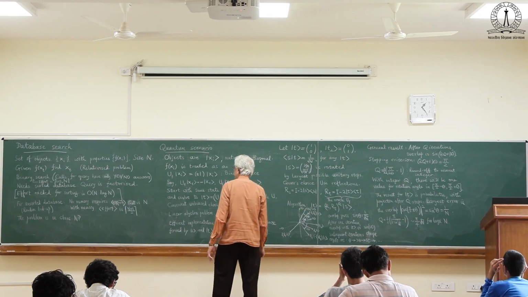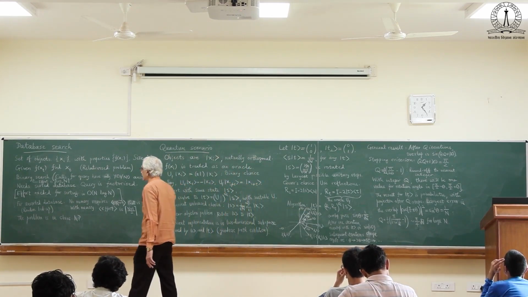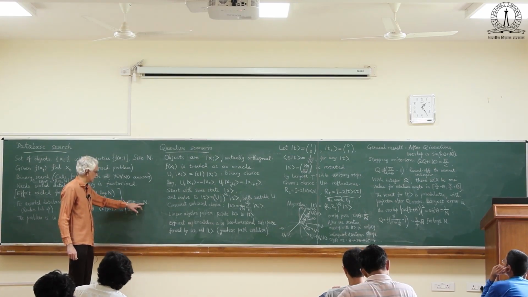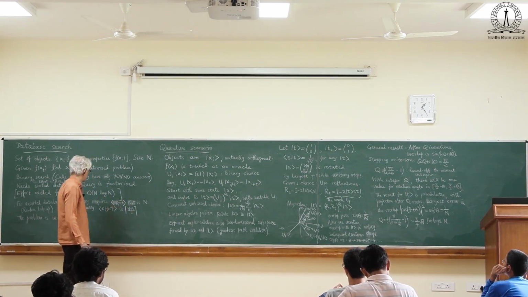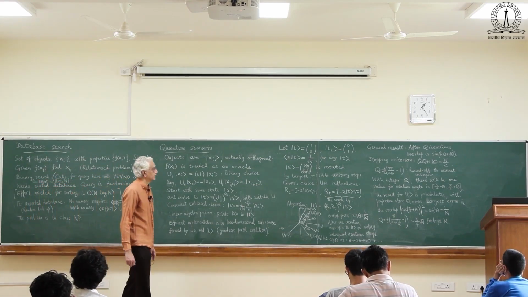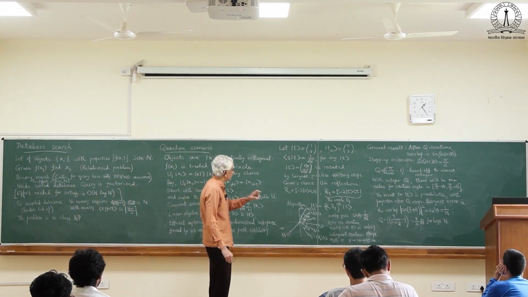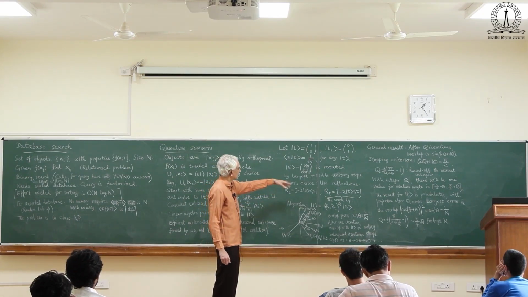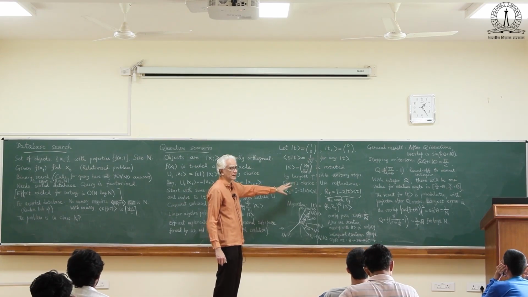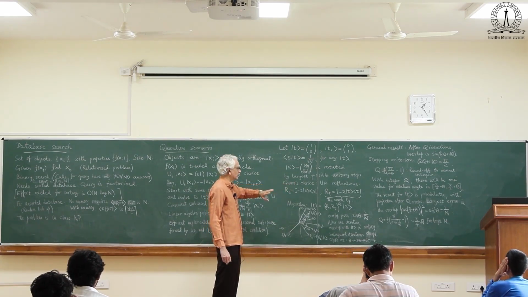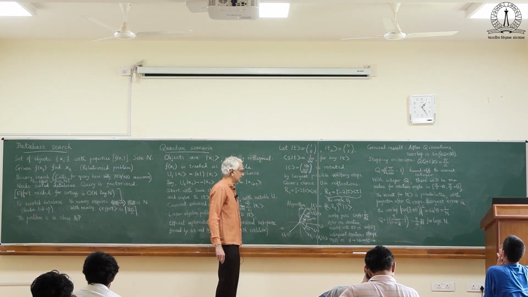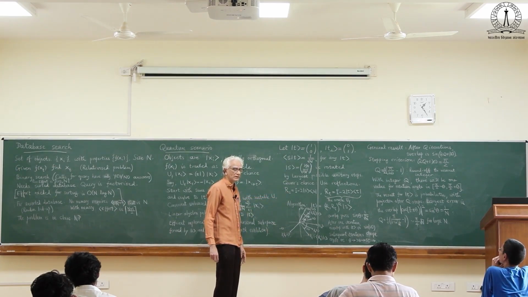And this has to be compared with the values corresponding to an unsorted database. Remember that we have not used anything relevant to sorting in this particular analysis. So the algorithm will work equally well whether the database is sorted or not.